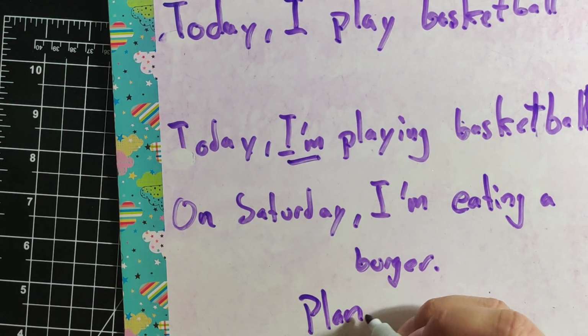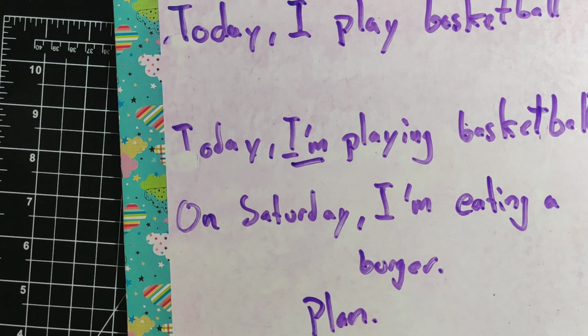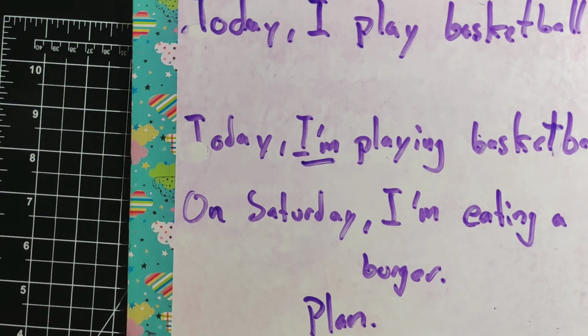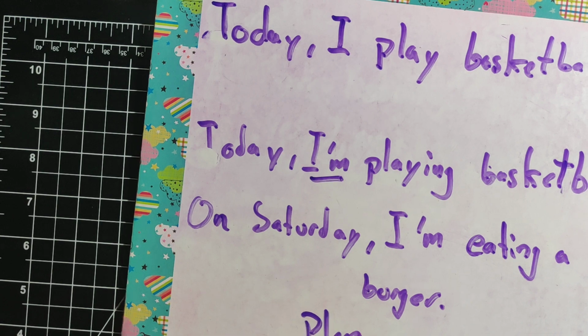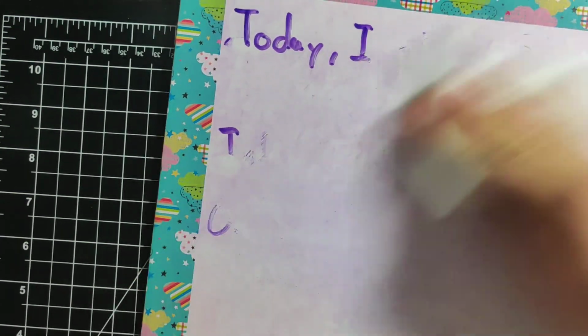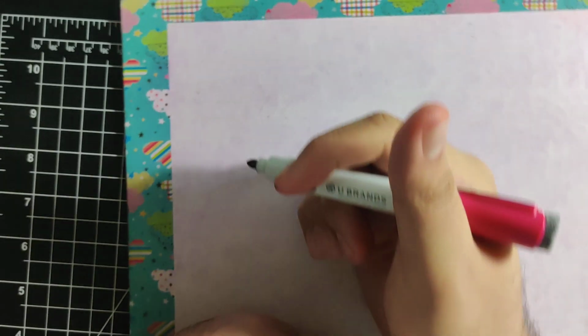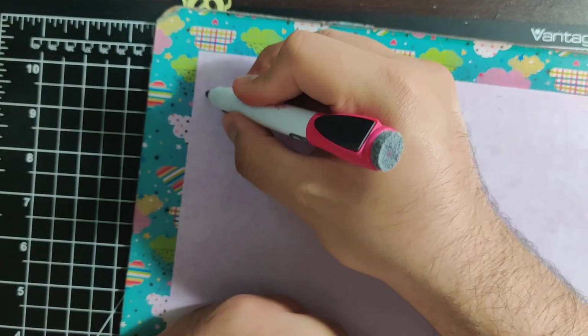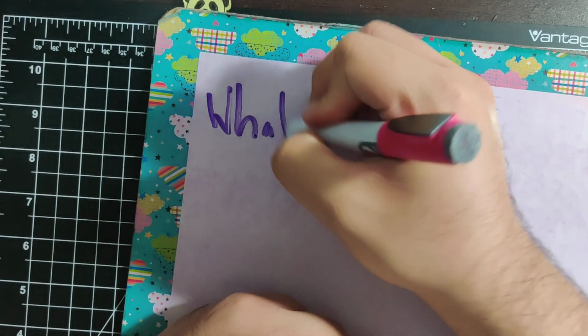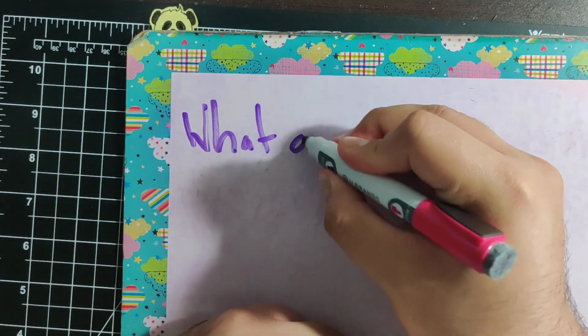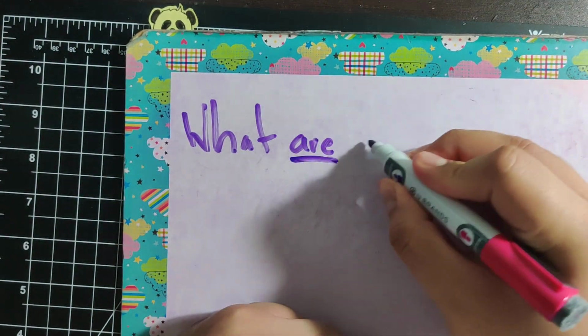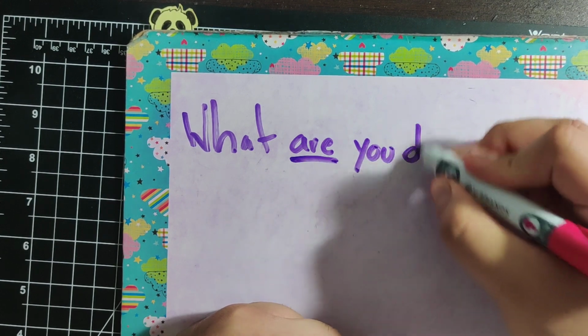You're stating a plan. So when it comes to writing, it is used a lot, okay? And especially present continuous is used a lot when it comes to questions. Let me show you questions. Let's use what. What are you doing?